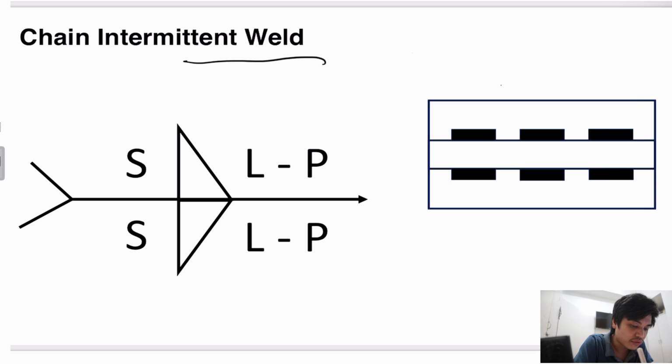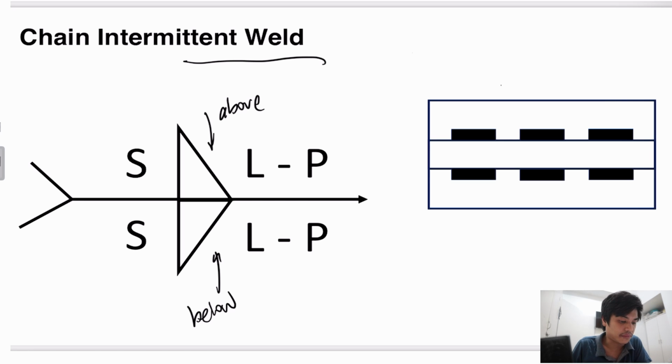If those welds appear on both sides of the joint, then you must write the weld symbol above and below the reference line, as you can see here. You can see the fillet weld symbol appears above the reference line and appears below the reference line.